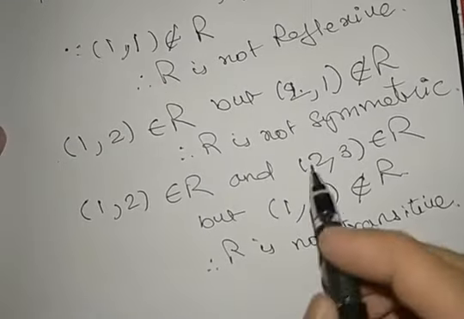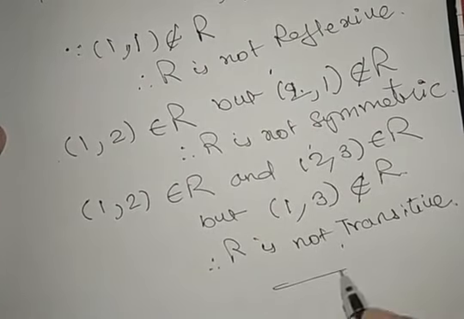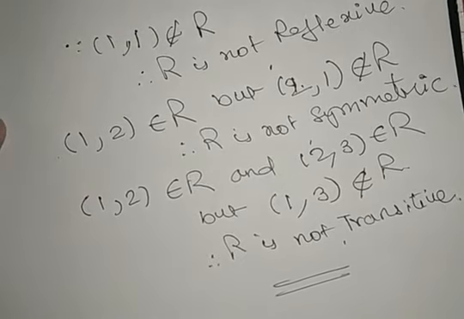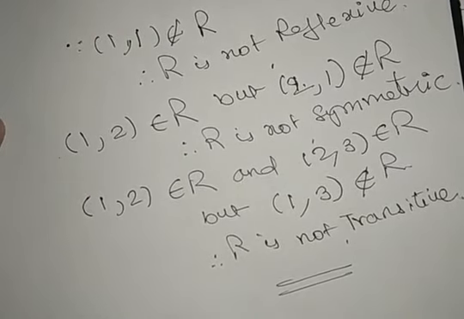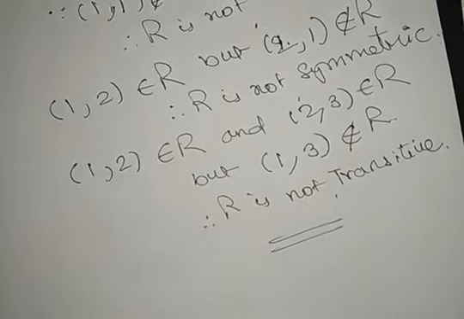So R is not reflexive, R is not symmetric, R is not transitive. So we have checked the relations. This was the third problem. Now let us go to the fourth problem.